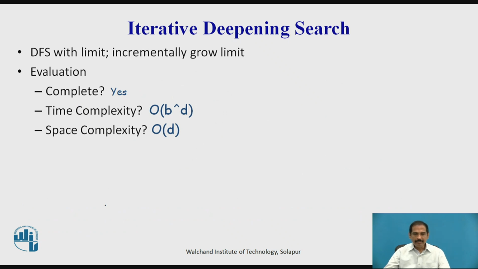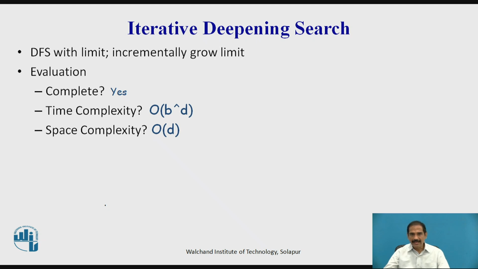The algorithm which still follows depth first search, but has added to it iterative deepening to search for the most promising nodes from those that are available, is termed depth first search with a limit and an incrementally growing limit.